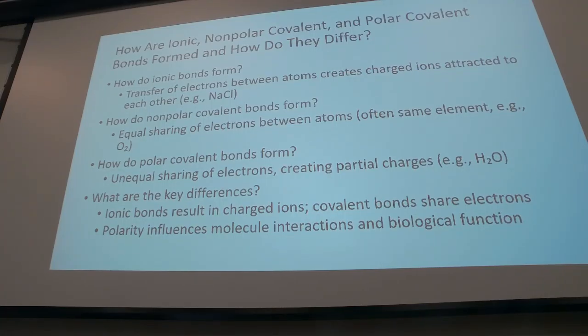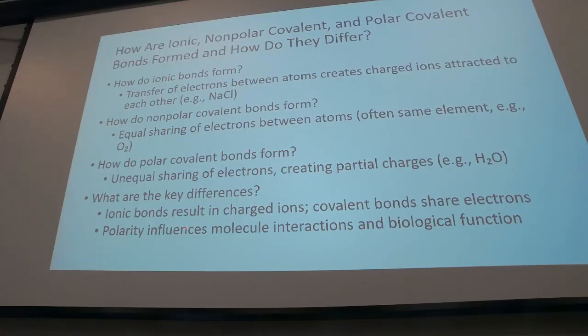That case is non-polar. Now, let's say that the children spend the weekdays with the mom and the weekends with the dad. In this case, it's unequal sharing, so that's a polar covalent bond. That makes sense? And it's sharing children, because they have children together, okay?